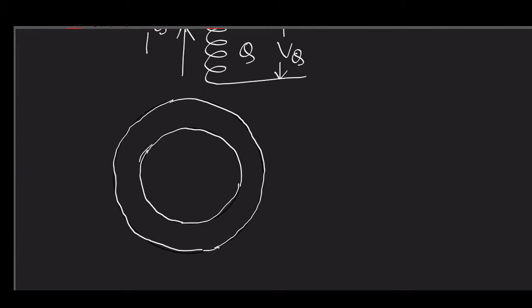Right, here we are having the two rotor windings. They are denoted by alpha and beta.